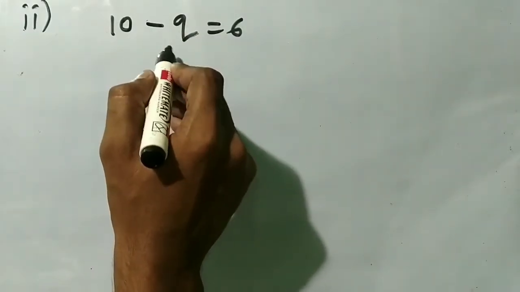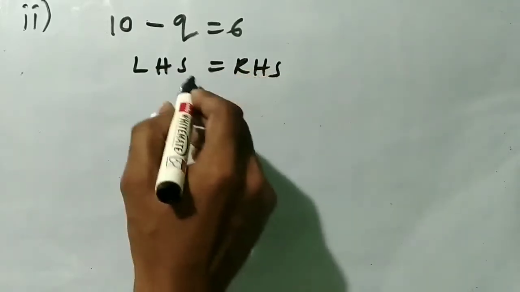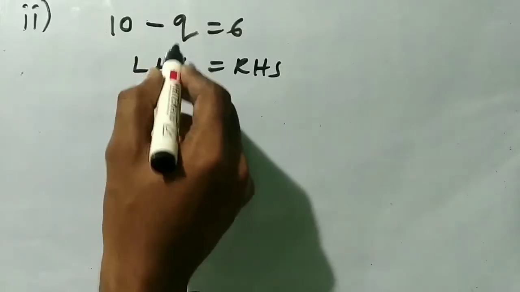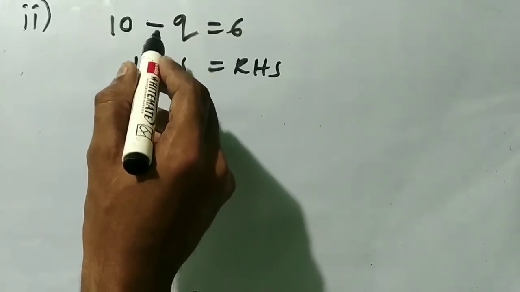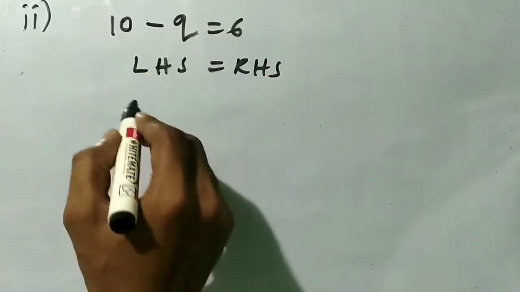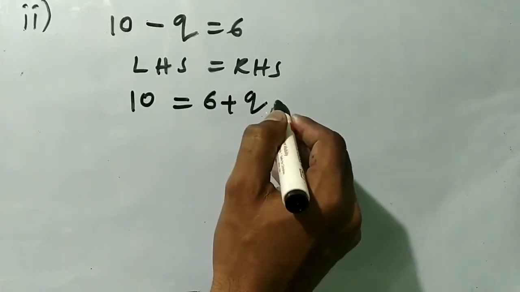The right hand side is 6 and the left hand side is 10 minus q. When minus q on the LHS goes to the RHS, it becomes plus q. 10 is equal to 6 plus q.